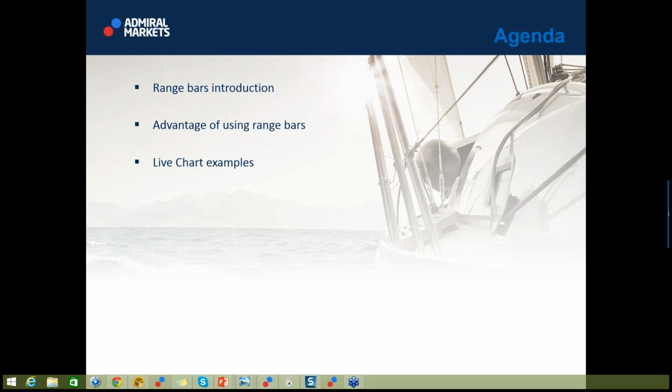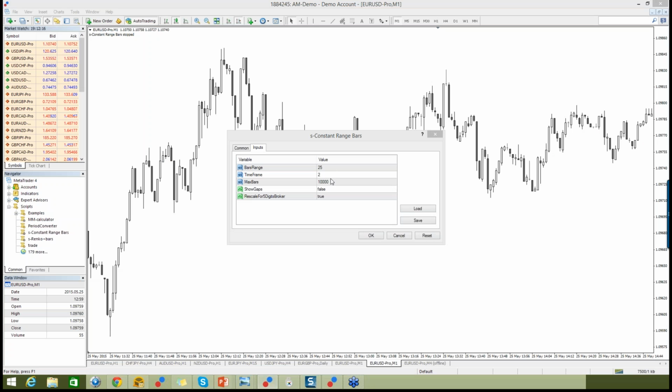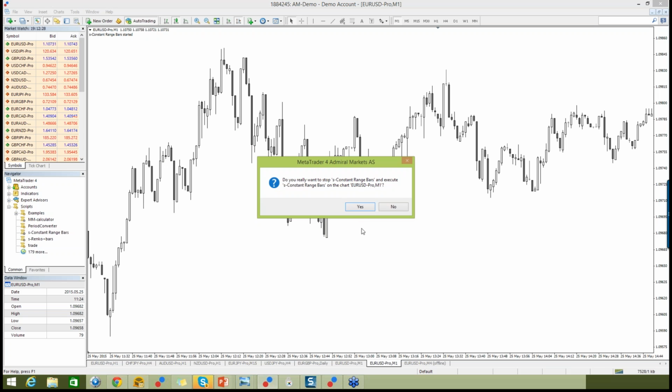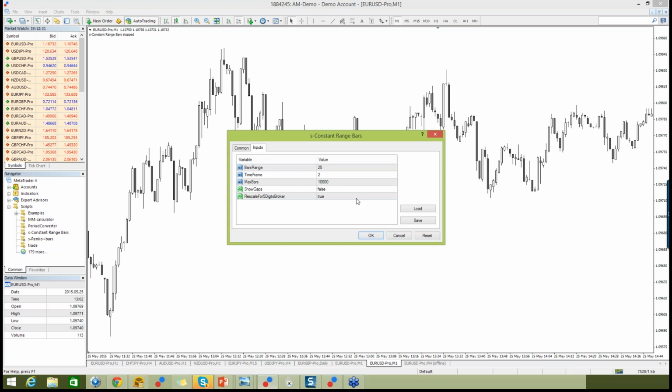Then you will get a question about which bars range you should put and which time frame. Once more, constant range bars, and you press yes.